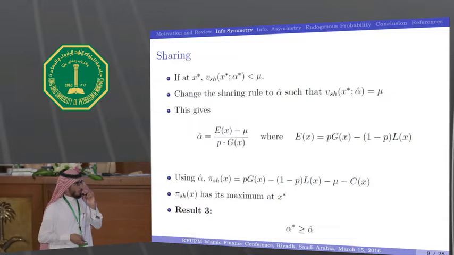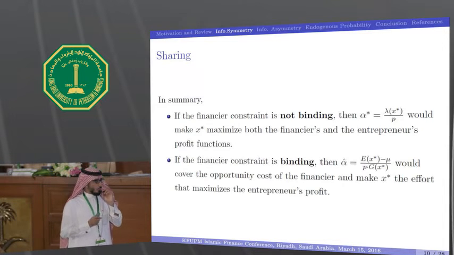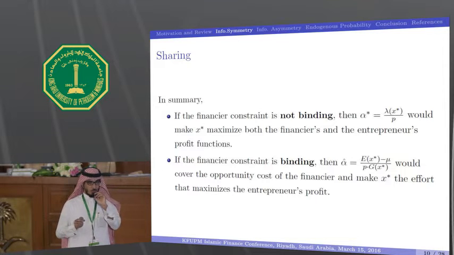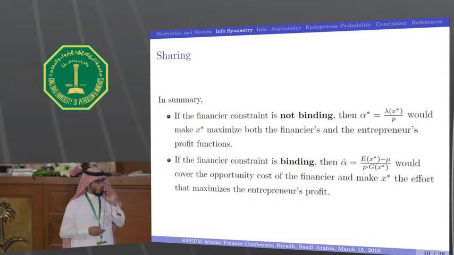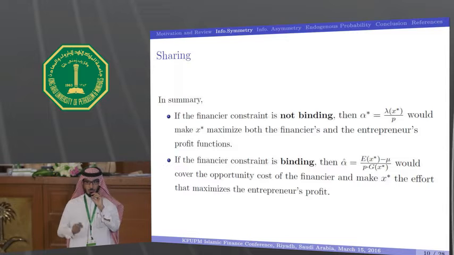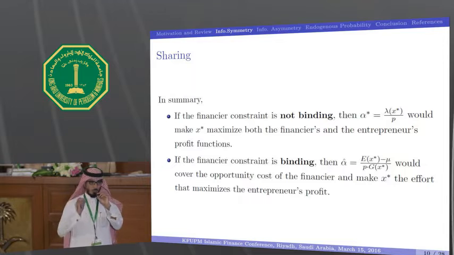In summary, under the sharing arrangement, if the financier constraint is not binding, then we will have this sharing rule that would maximize both the financier's and the entrepreneur's profit functions under the same effort a self-financed entrepreneur would exert. If the financier constraint is binding, then we will give the financier his opportunity cost, and we will be able to incentivize the entrepreneur to do the same effort as he would if he is self-financed.